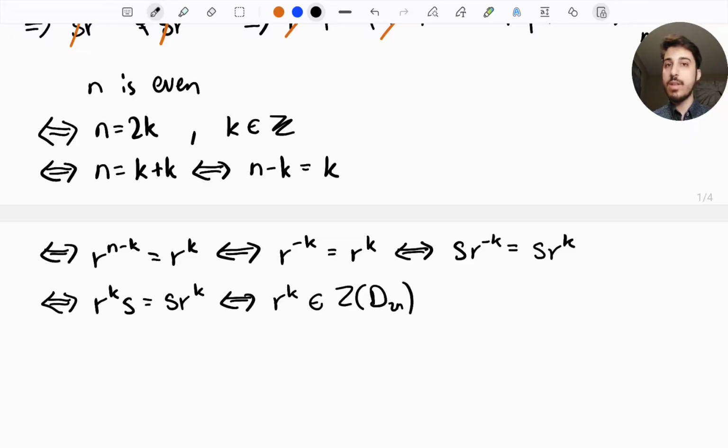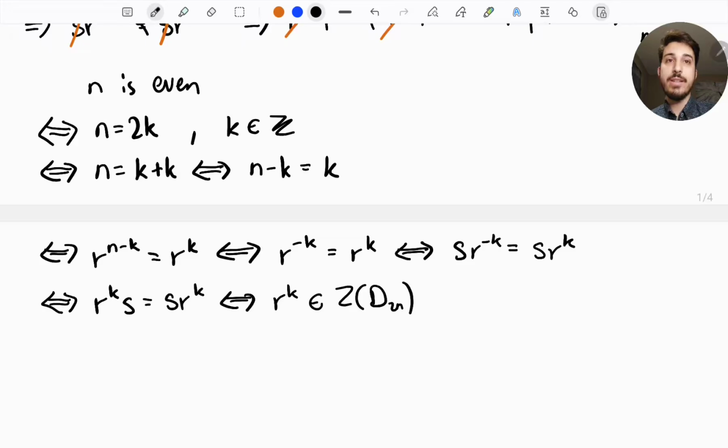Because rotations, if we combine them together using exponent laws, we can just separate them. For example, r to the a times r to the b is equal to r to the a plus b, equals r to the b plus a, equals r to the b times r to the a. So it doesn't matter in which order we take our rotations, they're always commutative with each other. Our only worry was commuting it with s.